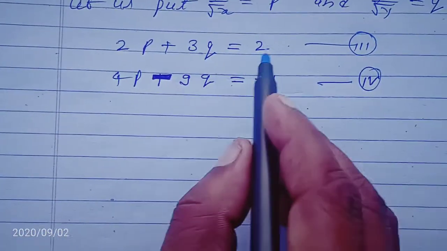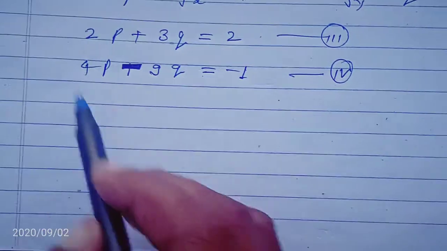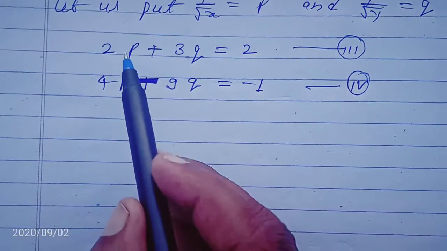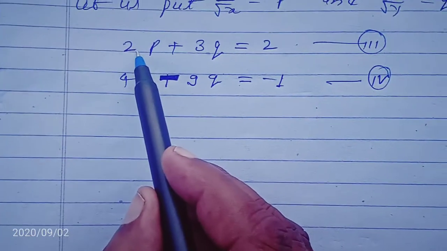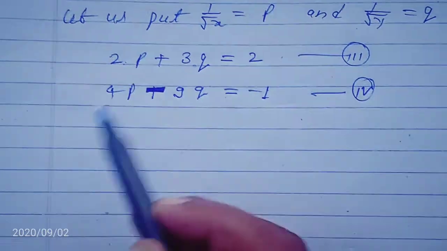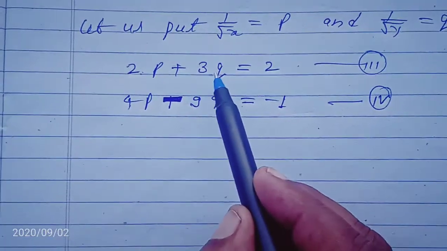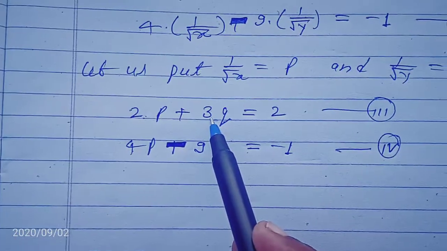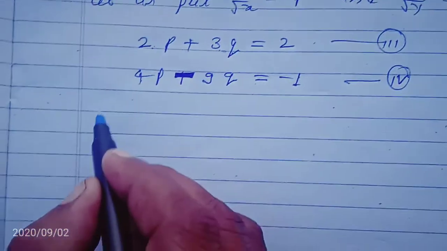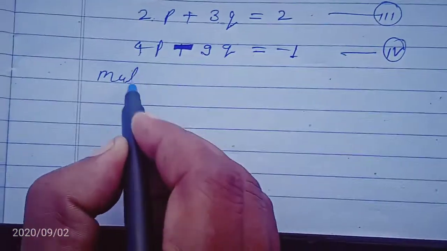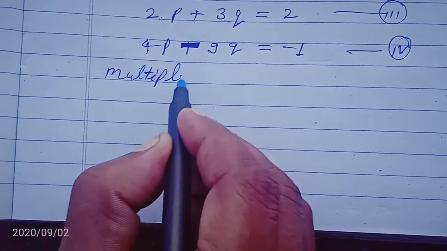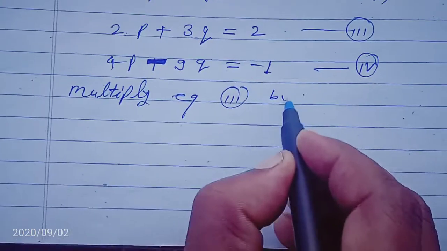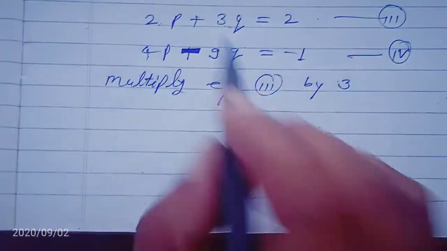If we want to eliminate p, then we should multiply equation third by 2. If we want to remove q, then we should multiply equation third by 3. So multiply equation third by 3 to eliminate q.